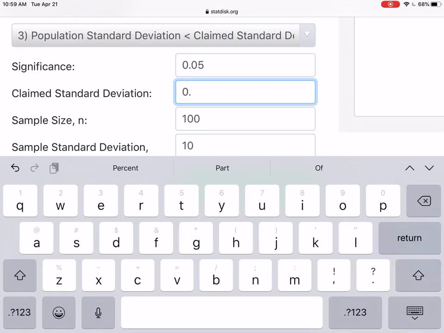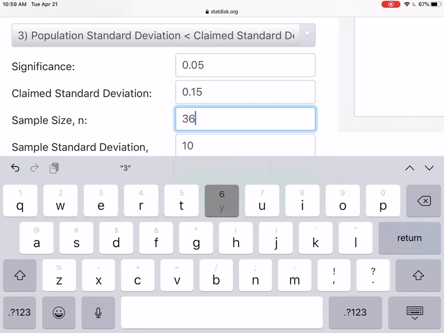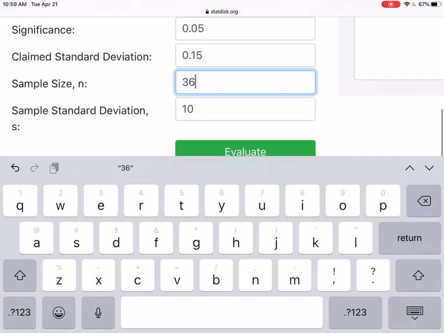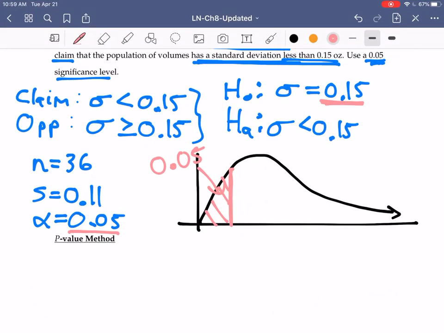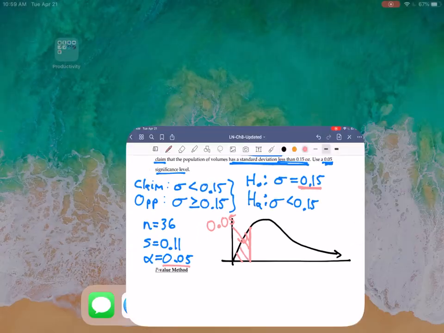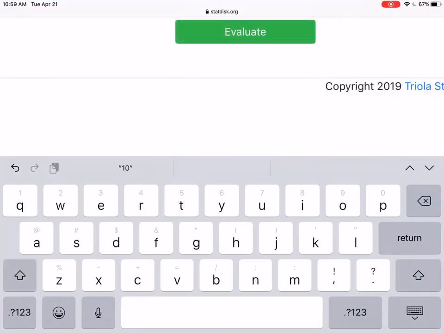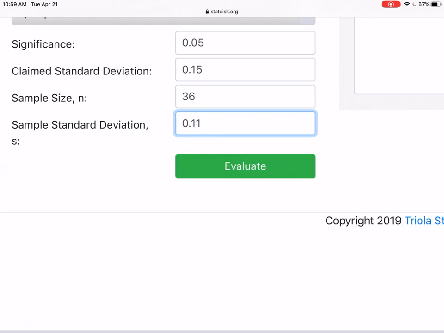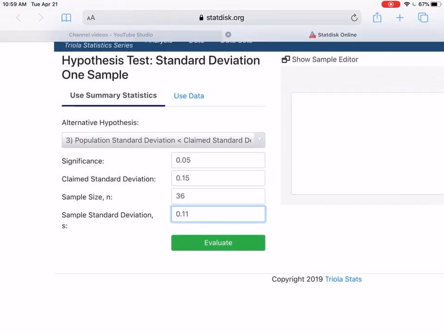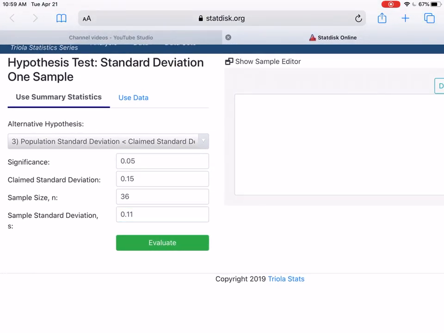The sample size, I believe, was 36. And the sample standard deviation was 0.11. So we enter those values in, and then we can evaluate.